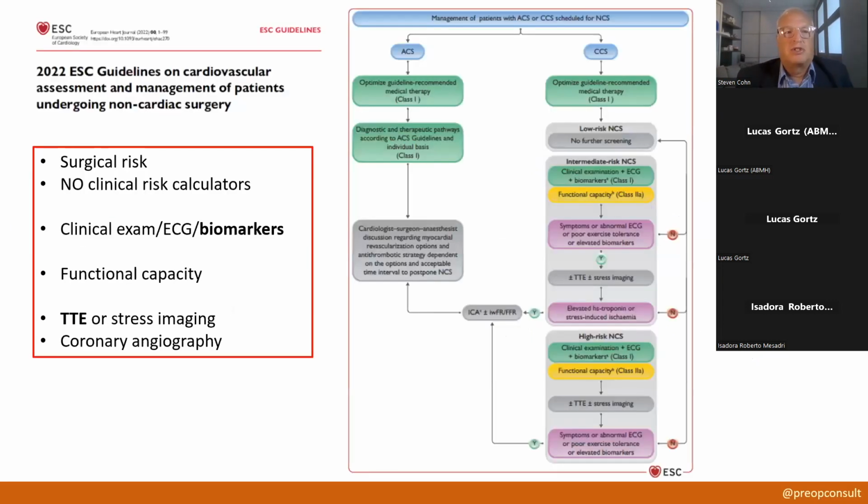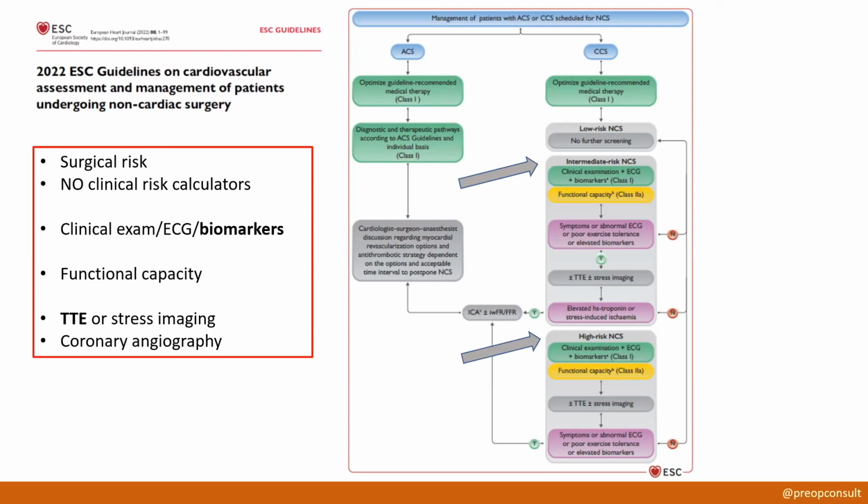The recently published 2022 European Society of Cardiology Guidelines, they came out at the end of August, I believe, is a lot different. Here they define 3 groups of surgical risk, low, intermediate, and high, just on the surgical procedure by itself. They don't recommend the use of any specific clinical calculators, but they do mention the RCRI and a new calculator from the American University of Beirut that I'll show you in a minute.